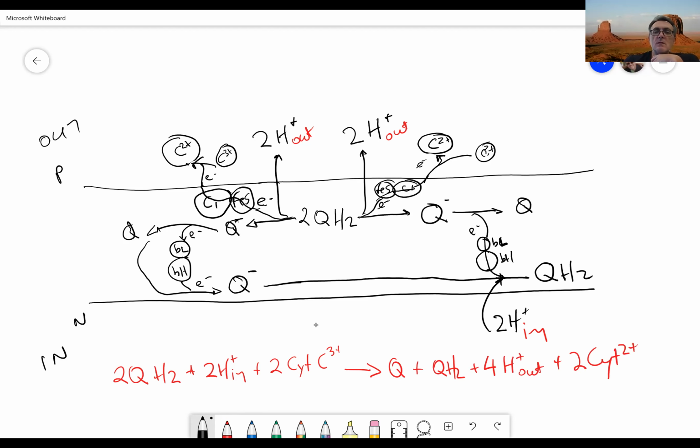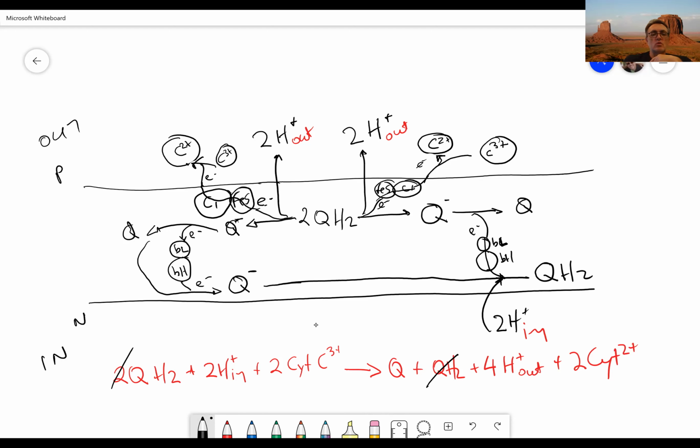Let me write this a little clearer, make it a little bigger. Oxidized, and it picks up the electron that came from one of the Qs and became reduced. So that's the stoichiometry, and now of course we can remove one of these things, and that's the net.